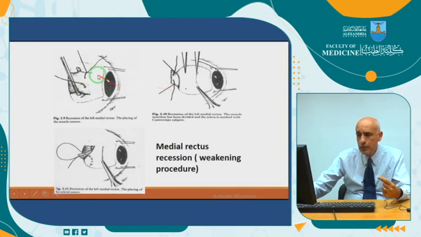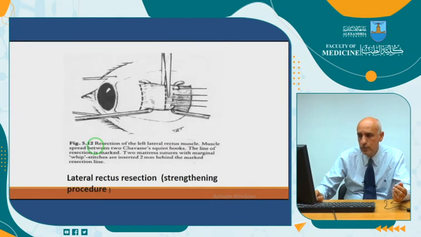Then you cut through the insertion of the muscle, you make another line of insertion, and you take out this amount of muscle with its insertion, and you do a new insertion, but this new insertion is put back away from the original insertion. So you are weakening this muscle. In reverse of the strengthening procedure, you are cutting this part of the muscle and moving this part here in front of the muscle, so you are strengthening the muscle.